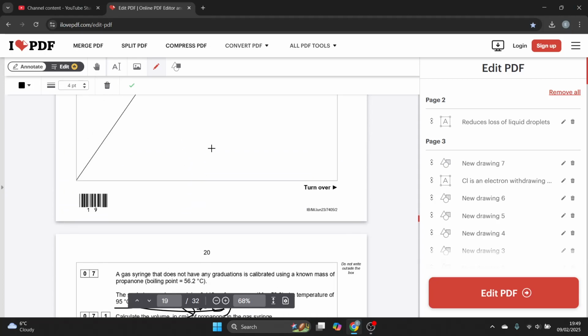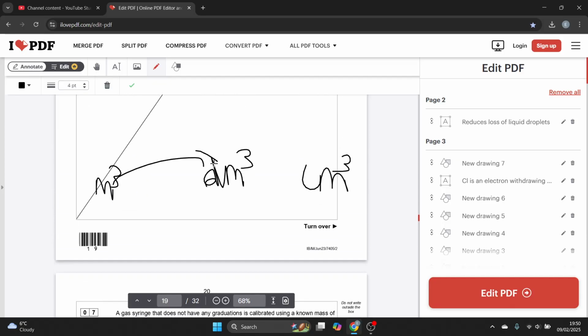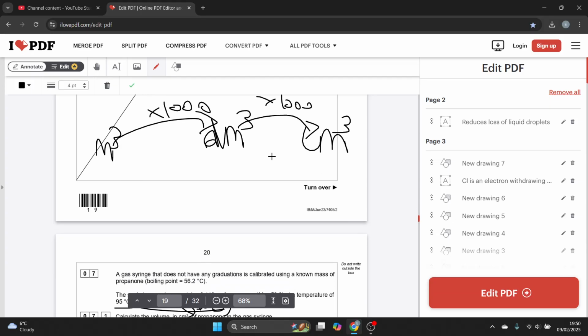So dm cubed is in the middle, like the d block is in the middle of the periodic table. Cm cubed is here. Meters cubed is here. Or is it the other way around? No, it's perfectly fine like this. You have to go from meters cubed to centimeters cubed. I need it times by 1,000, times by 1,000 again. So I need times by a million.